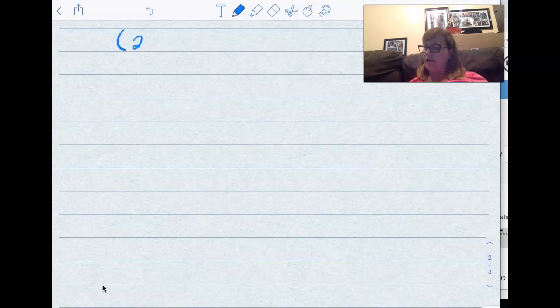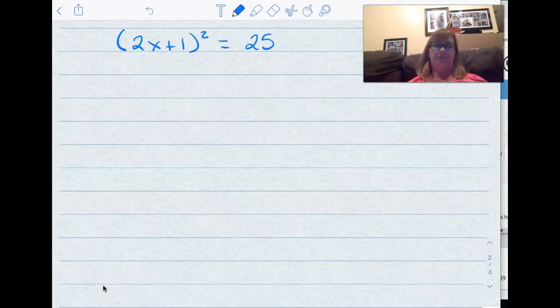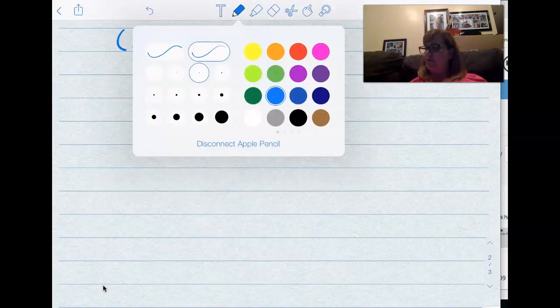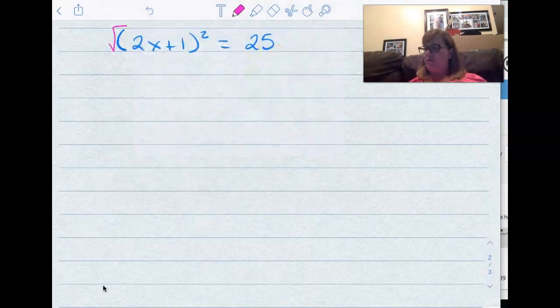Here's another type of example. What if you had 2x plus 1 squared equals 25? Well, here we've got to take care of the squared and undo that before we do anything else. So to undo squares, we use square root, the square root of both sides.